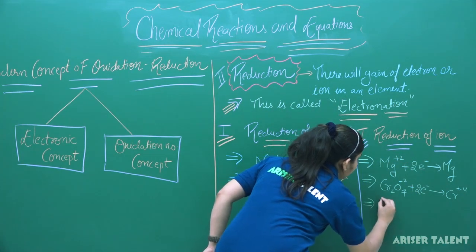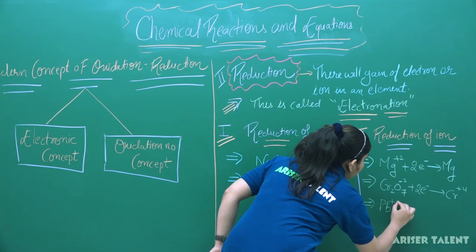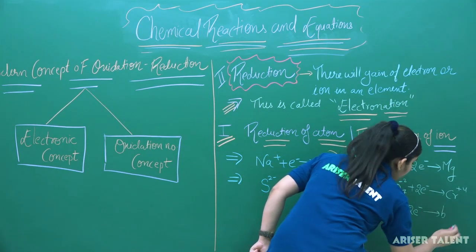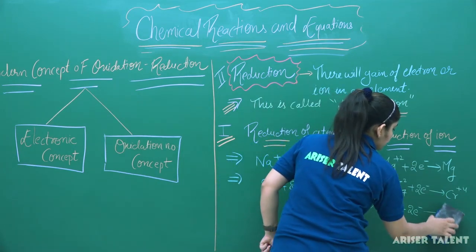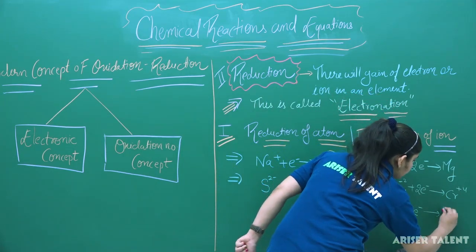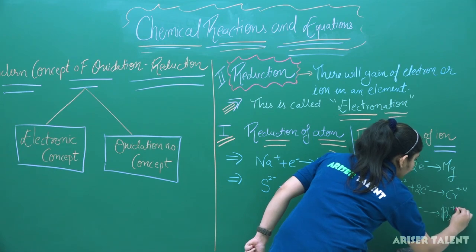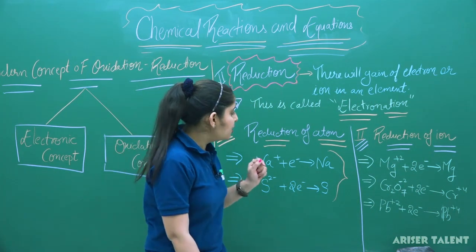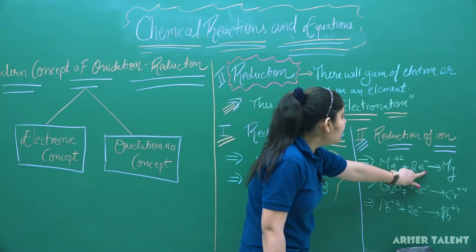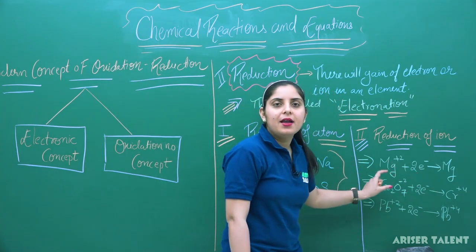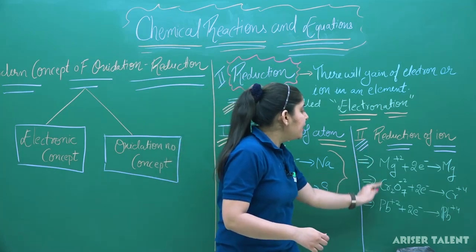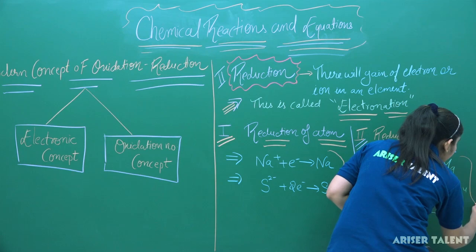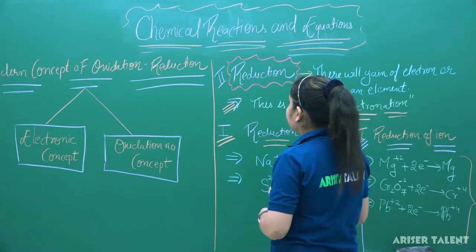Our third example is Pb2+ + 2e- gives Pb4. So these are the basic examples for reduction of ions. What we observe here is that there is an addition of electron in the case of particular cations, so these sorts of reactions are categorized as reduction.